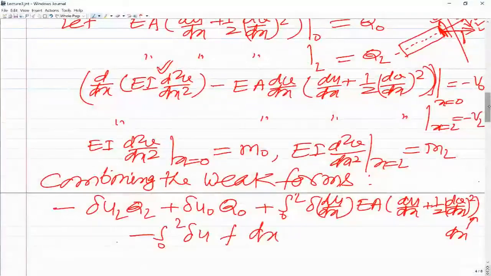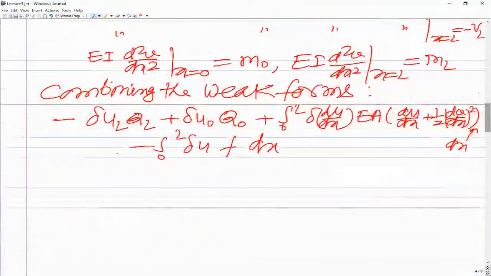So this is the first weak form, plus we are going to add the second weak form.